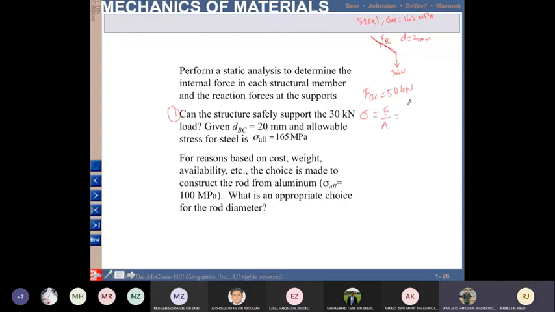So F is 50 kilonewton, A is equal to pi r square. So this is D, R is equal to 10 mm. So R is equal to 10 mm. 10 mm is equal to 10 times 10 to the power of minus 3 m. Okay.